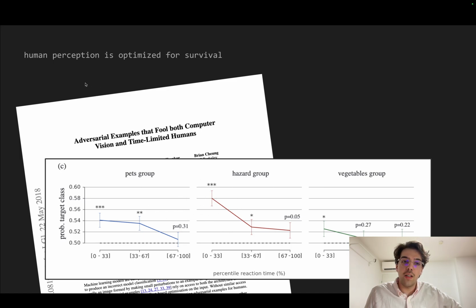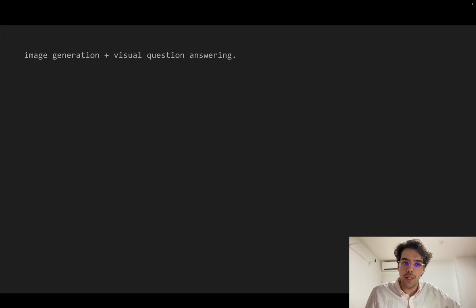Human perception is optimized for survival, and we're super fast at detecting danger. This is something that definitely could give us an edge in differentiating ourselves from the computer vision models out there.